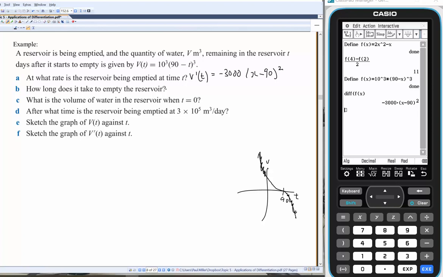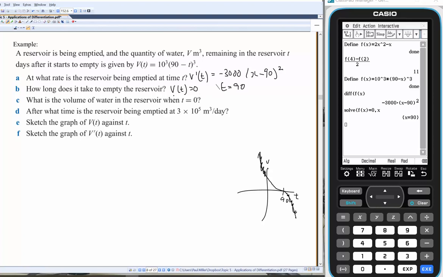How long does it take to empty the reservoir? That's when V of t is equal to 0. So let's go and solve. As suspected, it's going to be empty at 90. t is equal to 90.